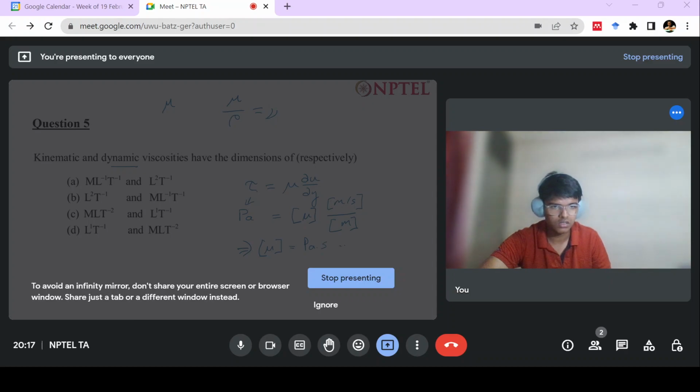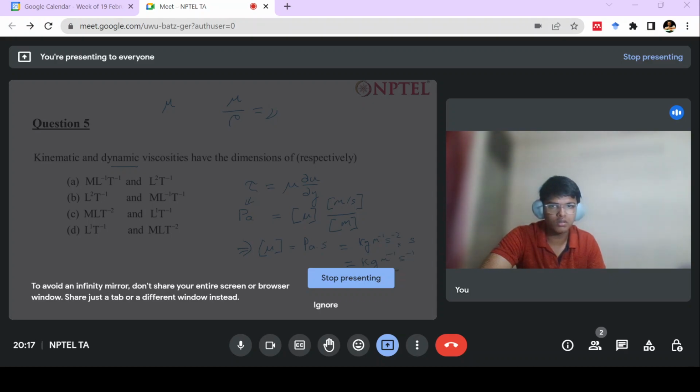We can break this Pascal down because it is not the unit of a fundamental quantity. So we'll break this down into kg per meter per second square. So kg meter per second square is force, divided by area, meter square. So this is kg per meter per second square, and then the other second. So basically the unit is kg per meter per second.